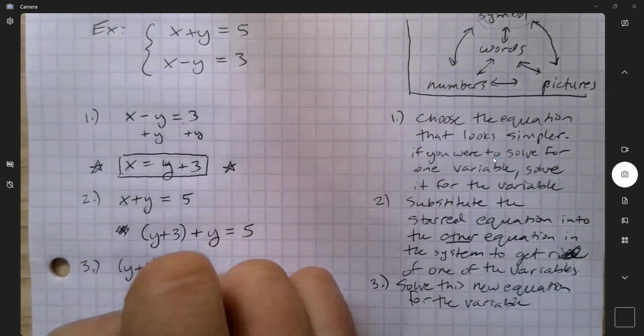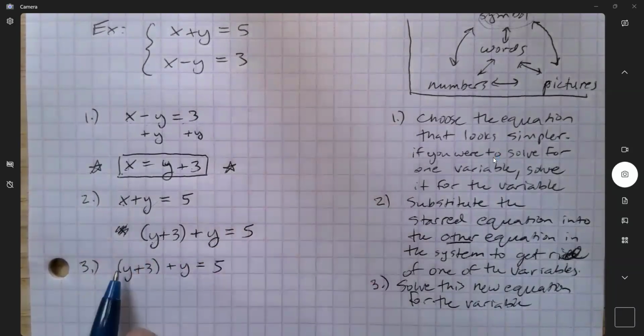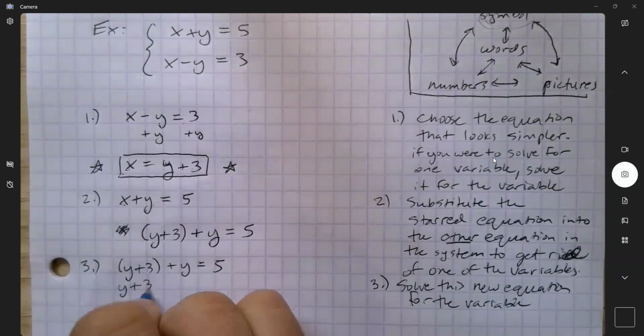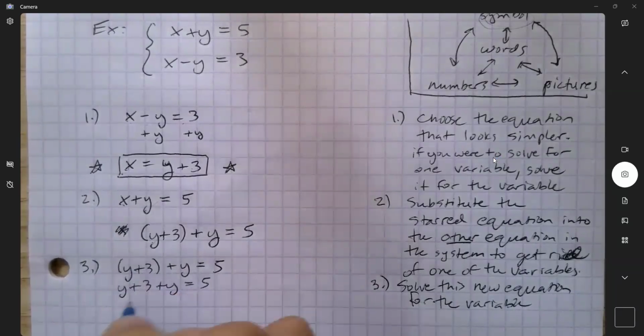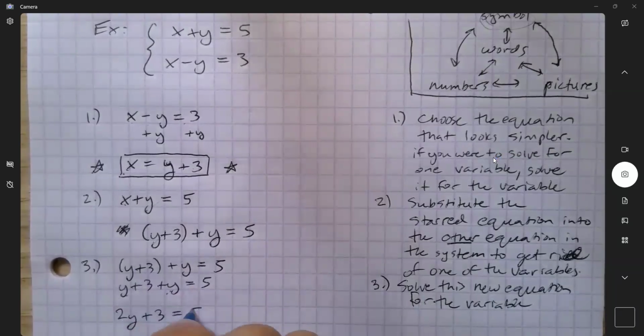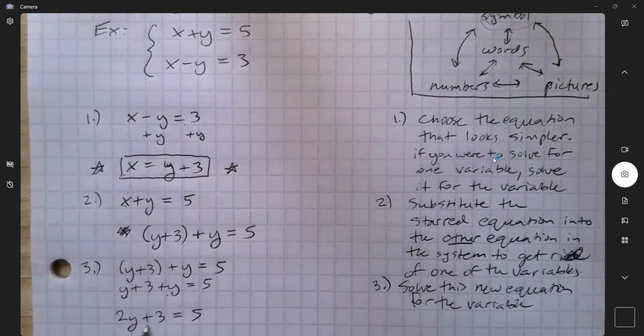y plus 3 plus y equals 5. In this case, I can drop the parentheses and I just get y plus 3 plus y equals 5. Combine the like terms and I get 2y plus 3 equals 5. And now I'm rolling because I've solved these types of equations lots of times.